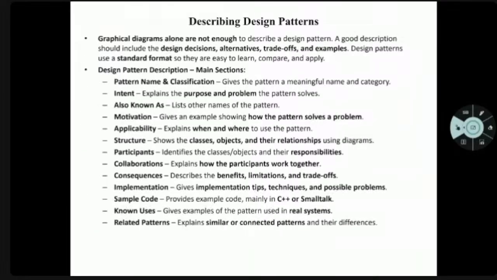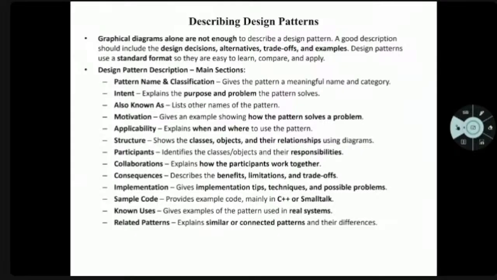Then we have seen describing design patterns, which is available in the syllabus. Whenever the graphical or diagrammatic representation is used, it has some drawbacks in code writing or graphical representation.